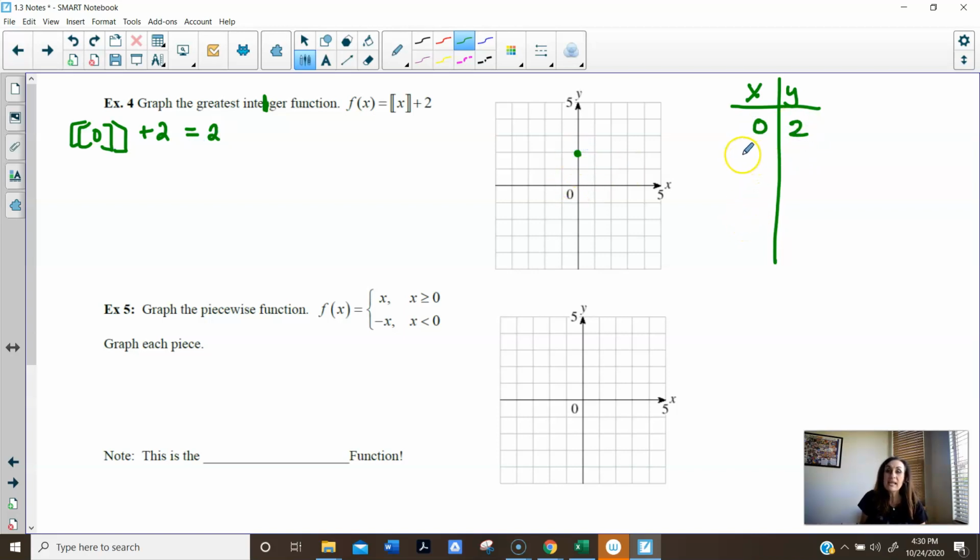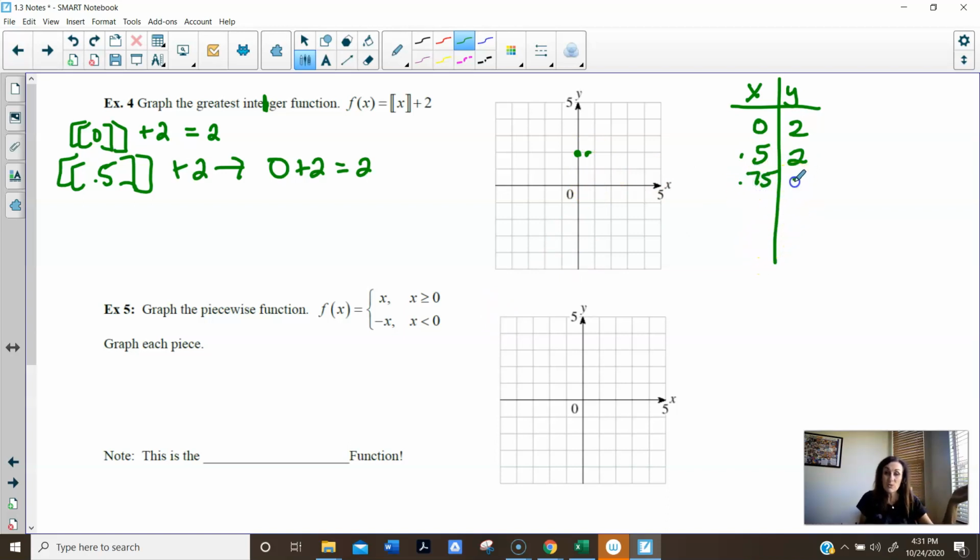If I plug in a half, the greatest integer of 0.5 plus 2, you go to the left to the integer, so 0 plus 2, which equals 2. So at a half, you're also up 2.